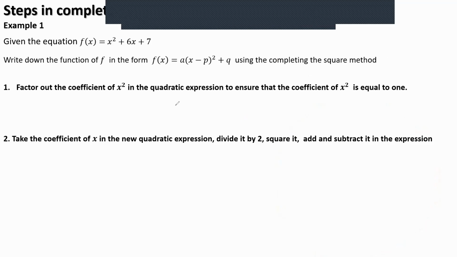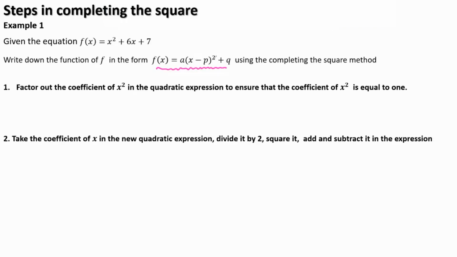Notice that this is a quadratic equation. You can come up with a quadratic graph from that equation. The question says, write down the function f in the form f of x is equal to a, x minus p squared plus q, using the completing the square method.